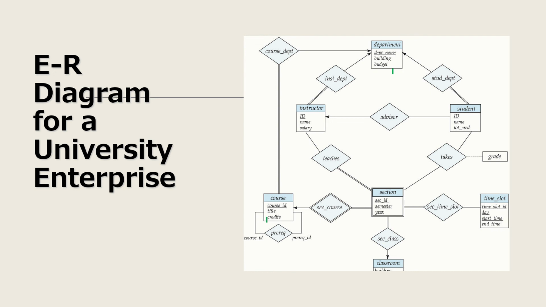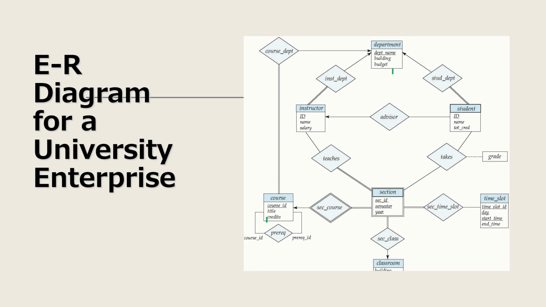So we are representing it as an undivided box, and we are connecting it by a dashed line. And next we have to consider this one. We know that if you see any double diamond, it means an identifying relationship. So the relationships between section and course, and section and time slot, are identifying relationships.